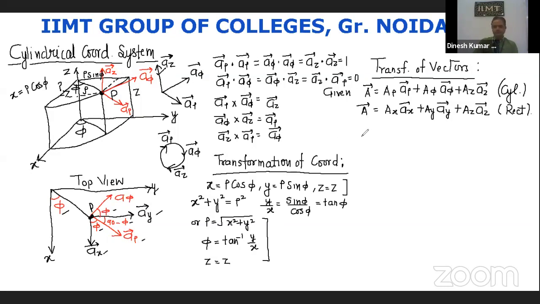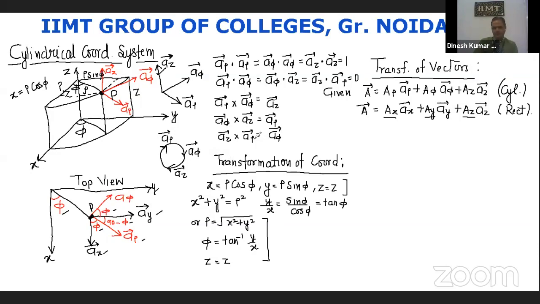The given vector is in the cylindrical coordinate system and we need to transform this into the rectangular coordinate system. Now, how will we do this? For converting this, we need to first know the values of Ax, Ay and Az. These are the components. These components need to be found first, and only then can we write this vector in the rectangular coordinate system. So how do we find these components?